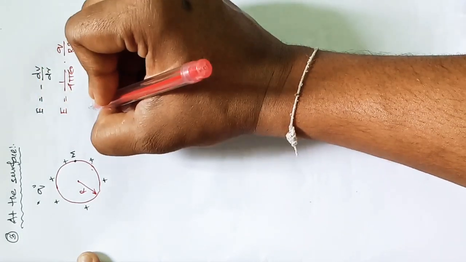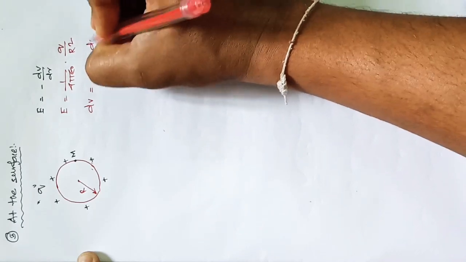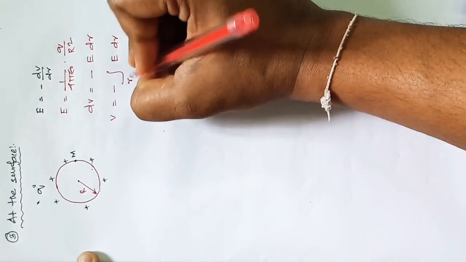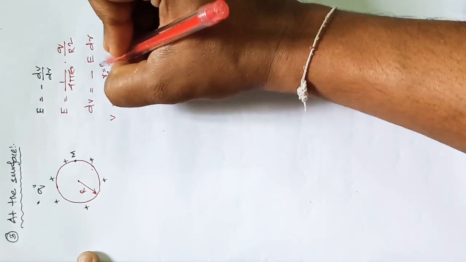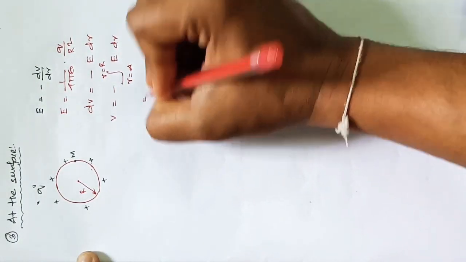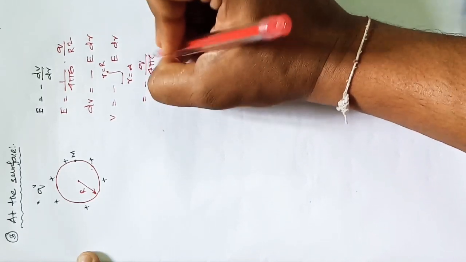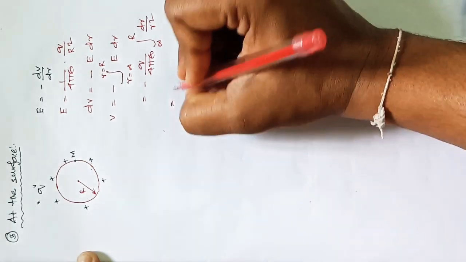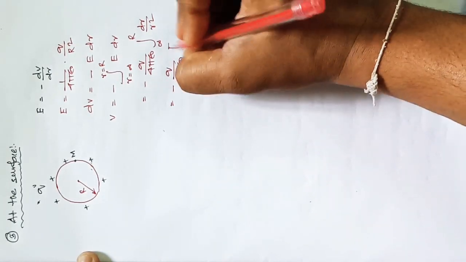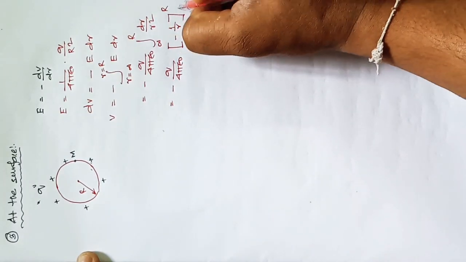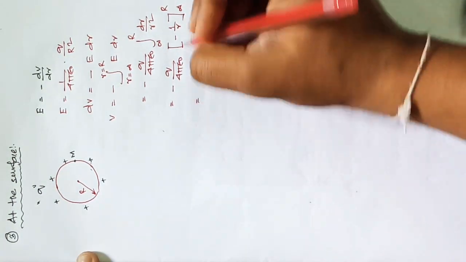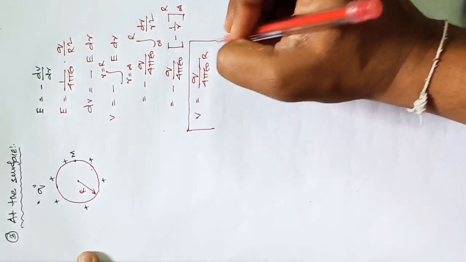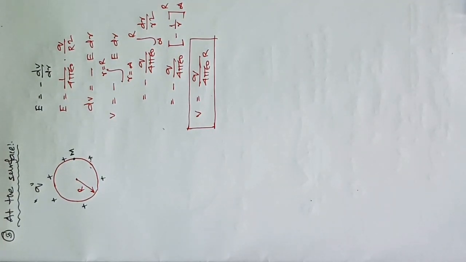So putting this value here, we will have dV equals to minus E dR, or V equals to minus integration E dR. The limit of integration, r will be from infinity to capital R. Just like the previous derivation, we have minus Q by 4 pi epsilon naught dr by R square, infinity to capital R, so minus Q by 4 pi epsilon naught, minus 1 by R, infinity to R. So we will have Q by 4 pi epsilon 0 capital R. So this will be the expression of the electric potential on the surface of the hollow spherical shell.